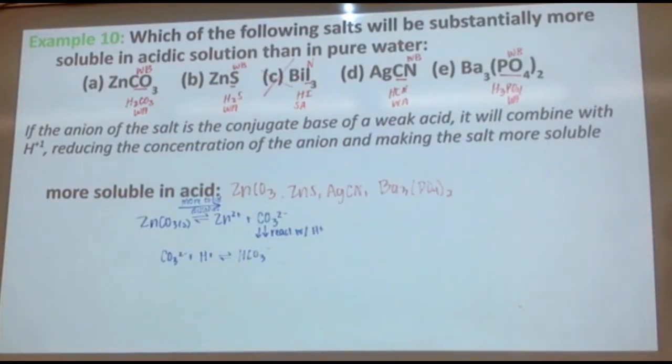Is there a way to determine which of those 4 will become the most soluble? It would depend on the concentrations of the bases. You would then have to do ICE tables with the bases. So there's no conceptual way to figure that out, and there's no mathematical way to figure it out.